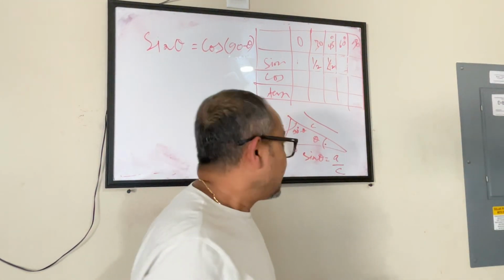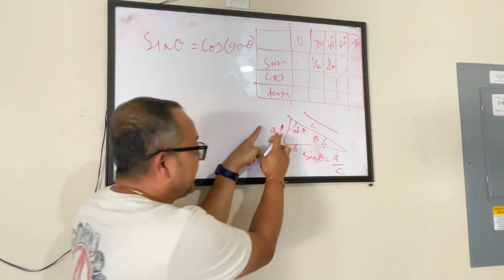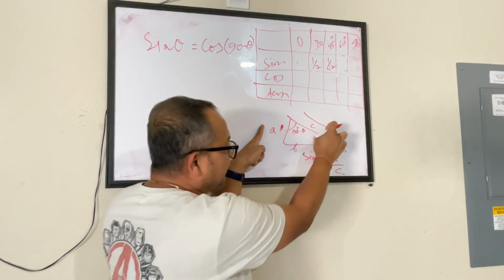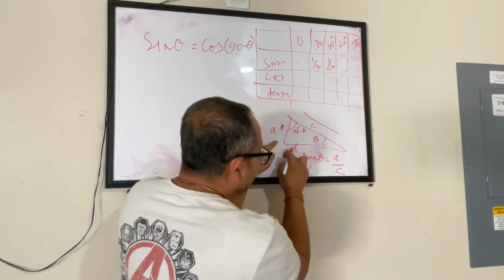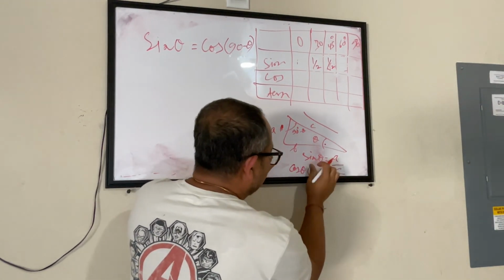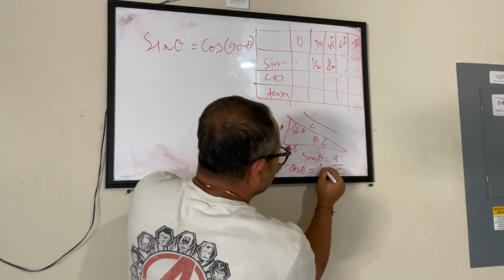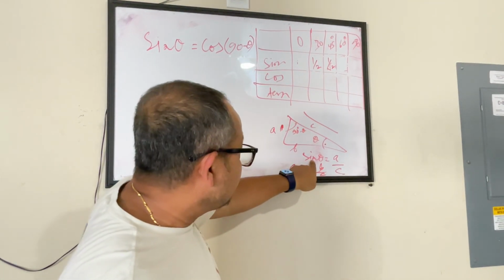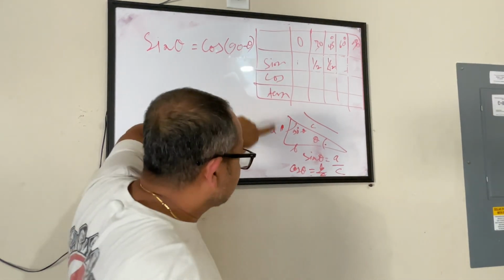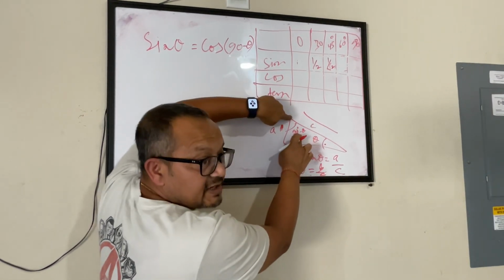Okay. So sine theta is the side opposite to the angle divided by hypotenuse. Cos of theta will be base divided by hypotenuse, C. Now what I am saying is sine of theta is equal to cos of 90 degree minus theta. If this is theta, this is 90 degree minus theta.